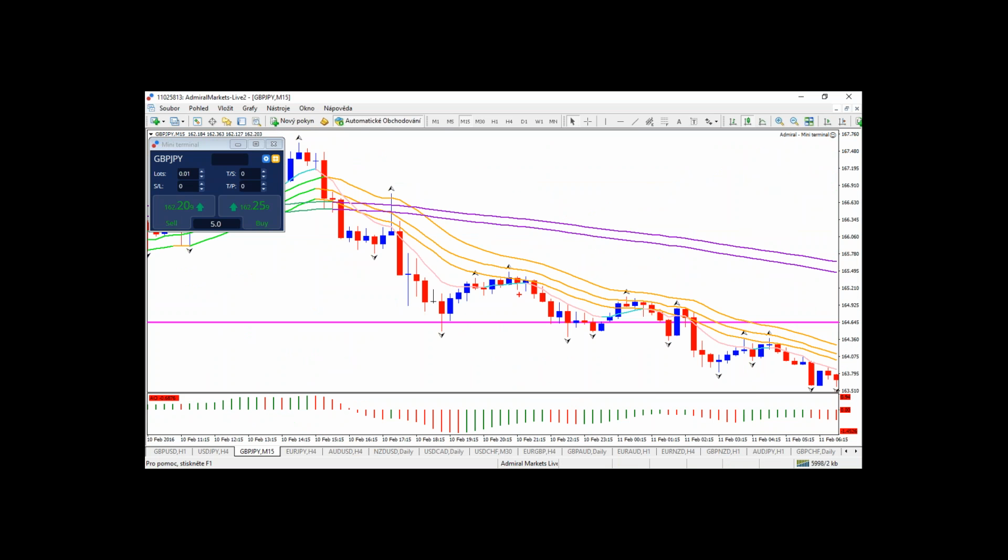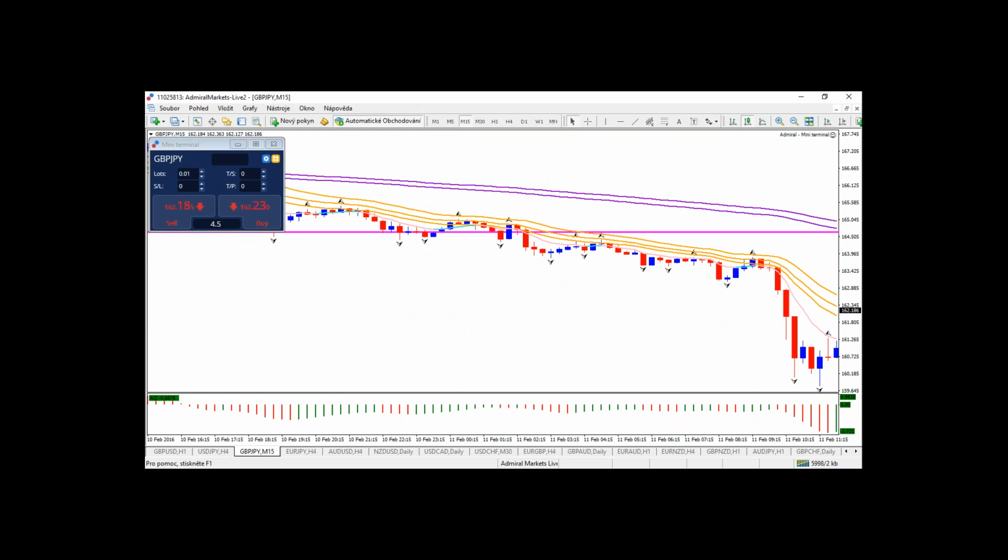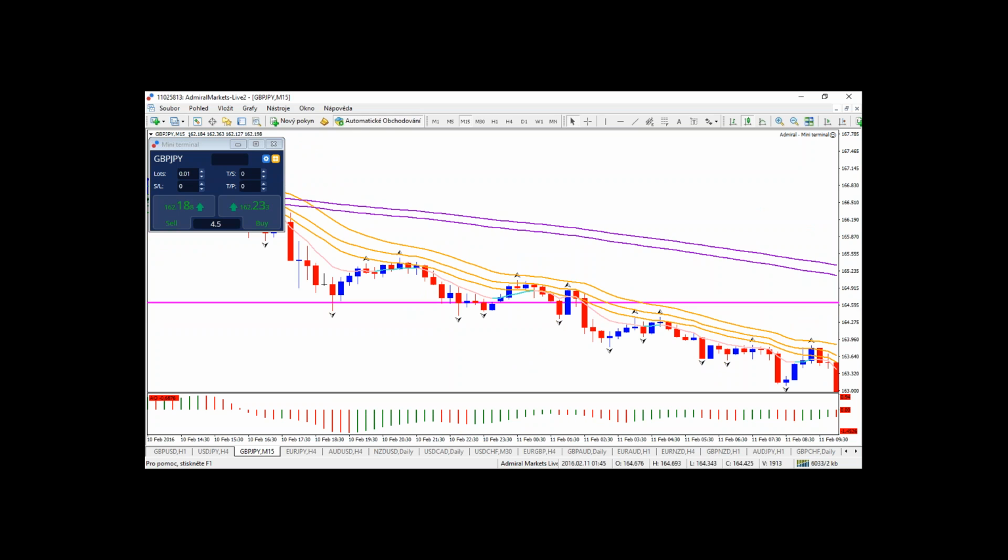Let's see, we did have a setup here. Momentum, pullback, continuation. And again, potentially here. This one is starting to become a bit more doubtful because we didn't have that many candles below it.